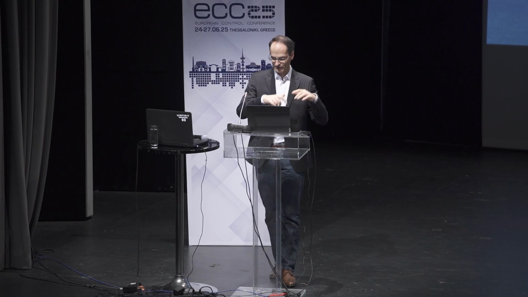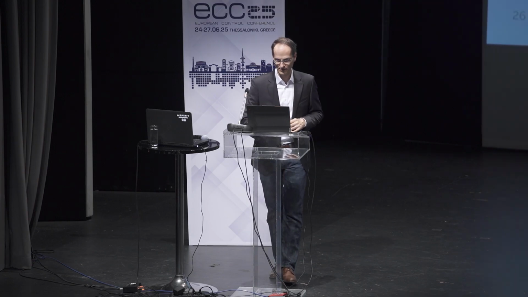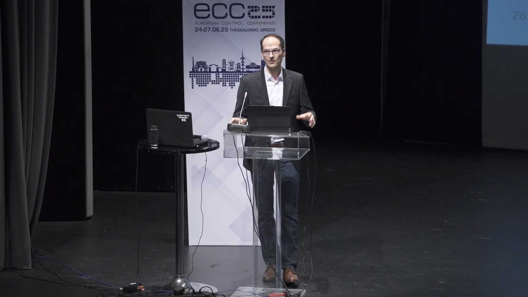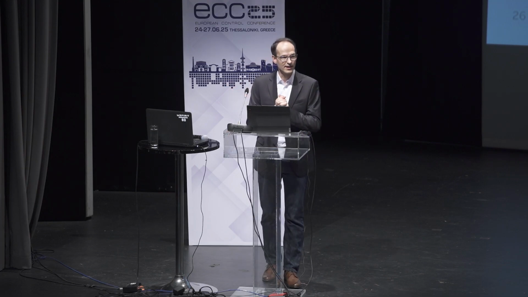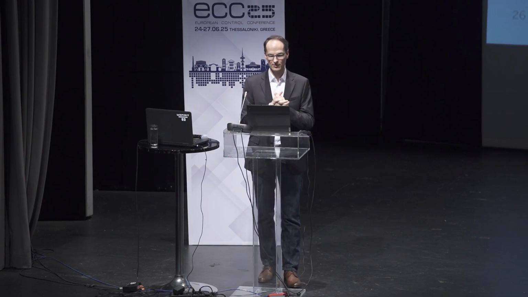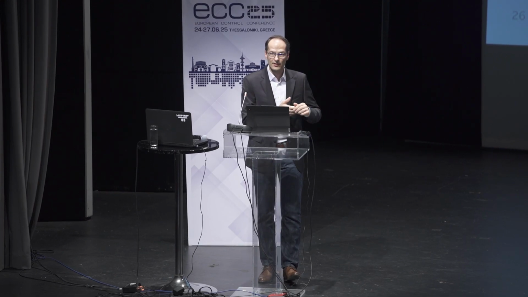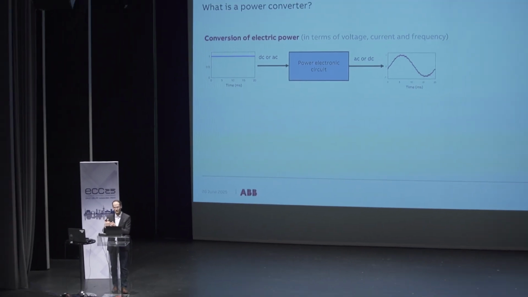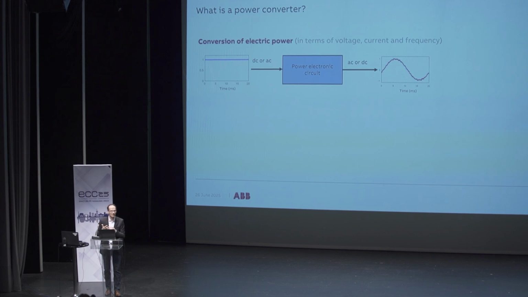Before we delve into the details, let's first understand a little bit what a power converter is. So it's always about DC to AC, or AC to AC, or DC to DC power conversion. So you will have one waveform on one side and another waveform with a different voltage, different current, different frequency on the other side.